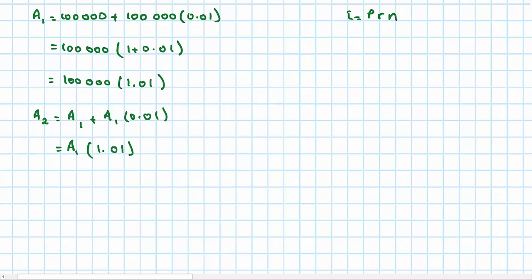Now I don't want to leave it as A1. I want to go back to that principal and write it in terms of the principal. So A1 was 100,000 times 1.01. So that's my A1, and now I have another 1.01. So I can write that as 100,000 times 1.01 squared.